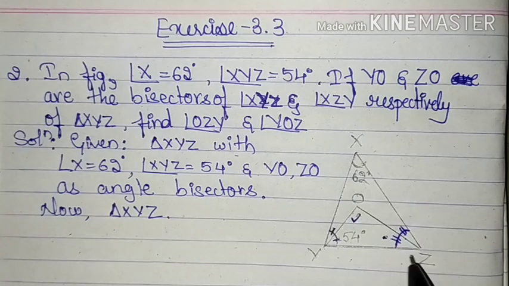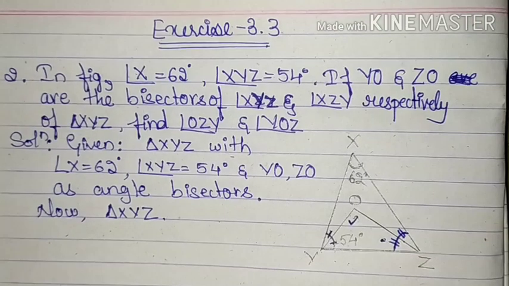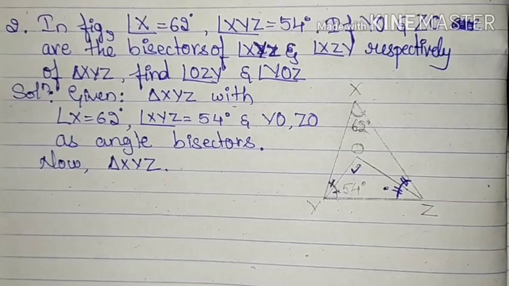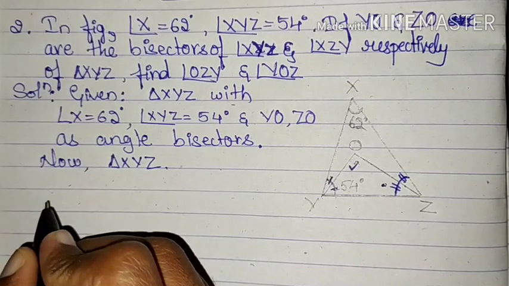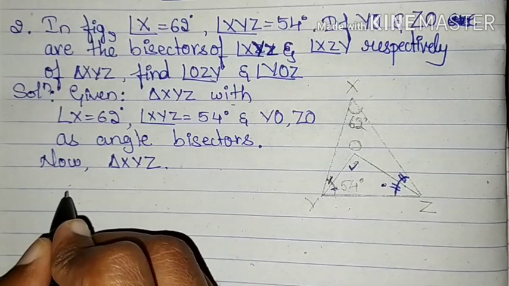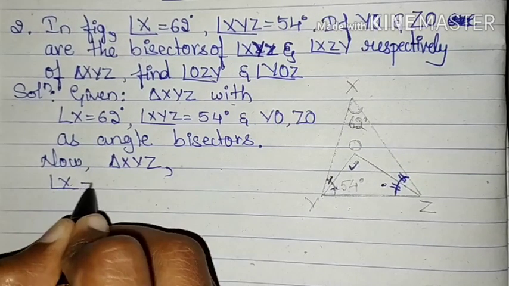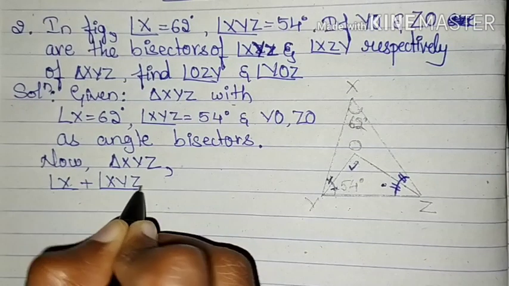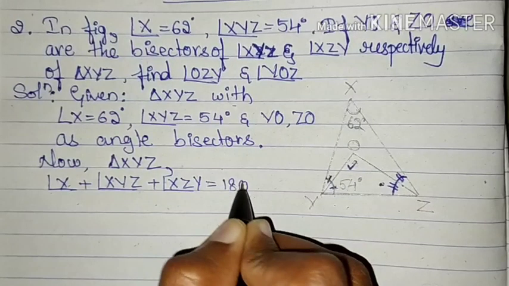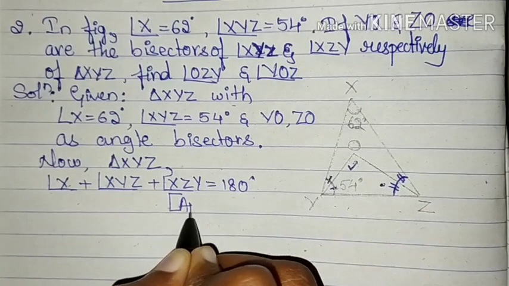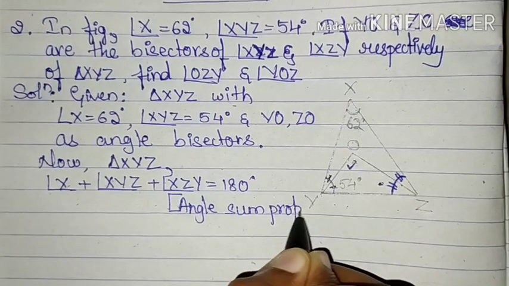We can find the value of angle XZY by applying the angle sum property of a triangle, which states that in any triangle, the sum of the three interior angles is always equal to 180 degrees. Now in triangle XYZ, angle X plus angle XYZ plus angle XZY is equal to 180 degrees. Write the reason: angle sum property of any triangle.